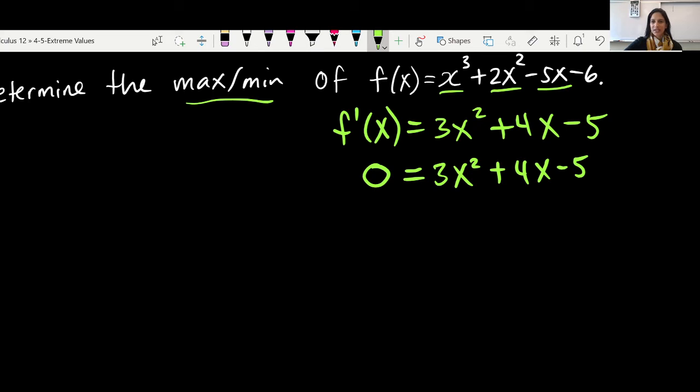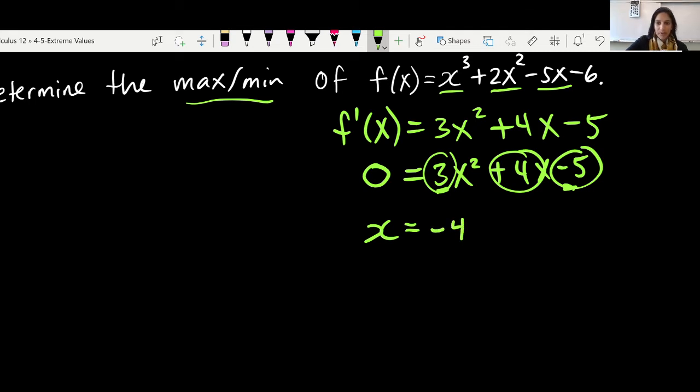I would look to see what multiplies to negative 15, because of this and this together combined, and adds to 4, and it's not going to work. So in this case, just a reminder, we would use our quadratic formula to plug in our A, B, and C values to figure out what this would be equal to.